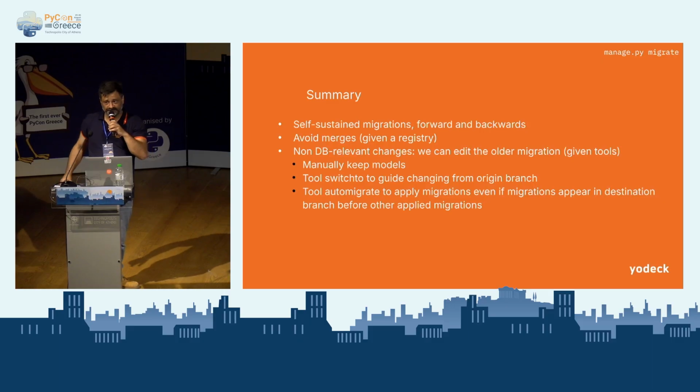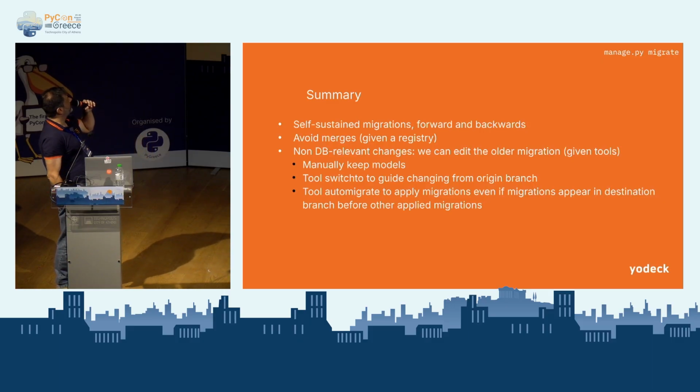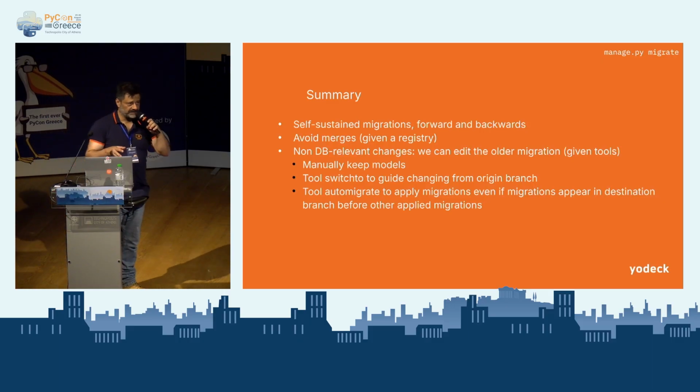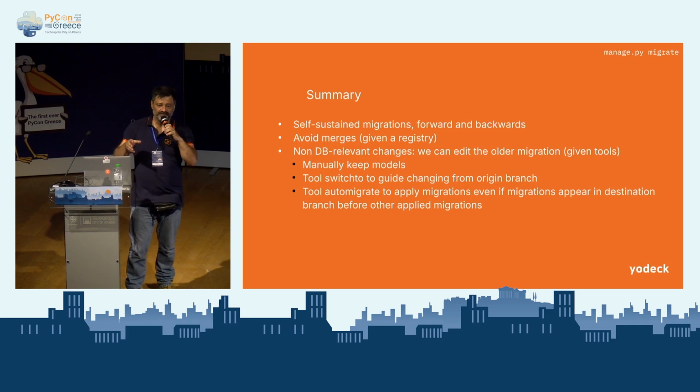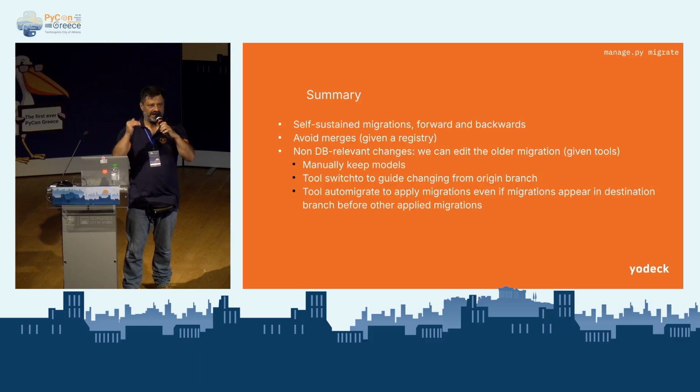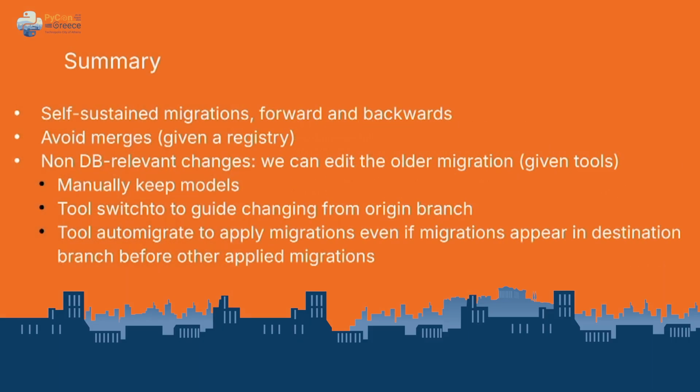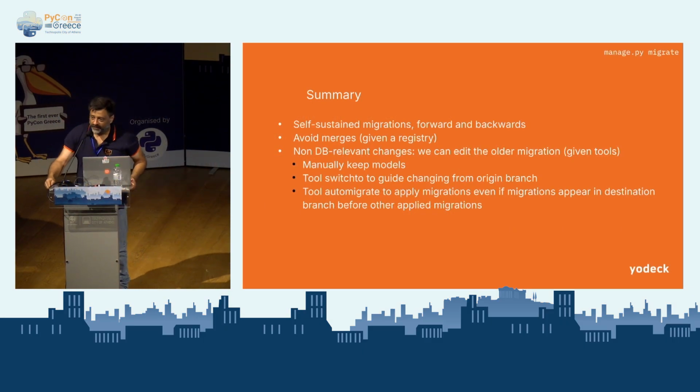So, in summary, we make sure that our migrations are self-sustained. You can move forward, you can move back, because we often need to go back and forth in change branches. So we check the PR or whatever. We decided that merges were bad. They're not bad, but there are cases when they make things much slower.